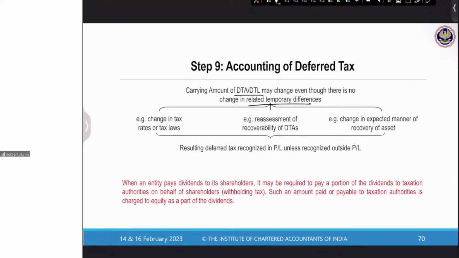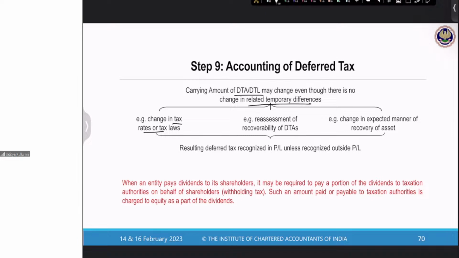What are those cases? Well, there could be a change in the tax rates. If the tax rate was changed in December, then I would have to change 2,500 to 3,000. I would have to take a 500 impact in my P&L, even though the temporary difference has not changed. So that is one thing.